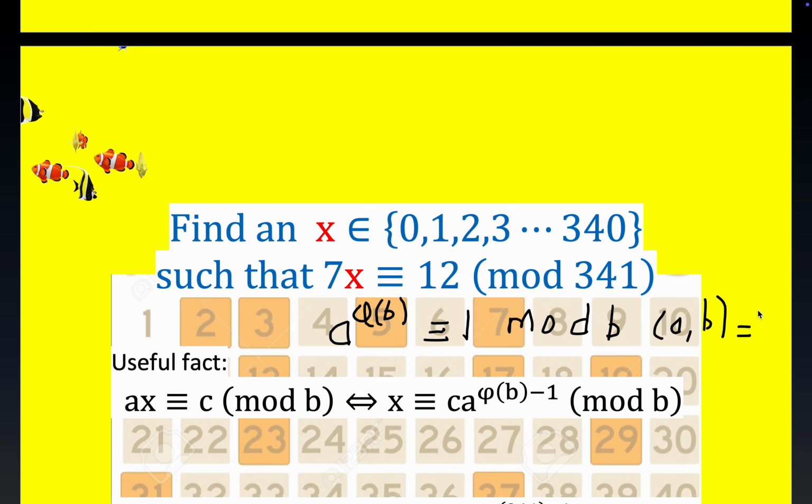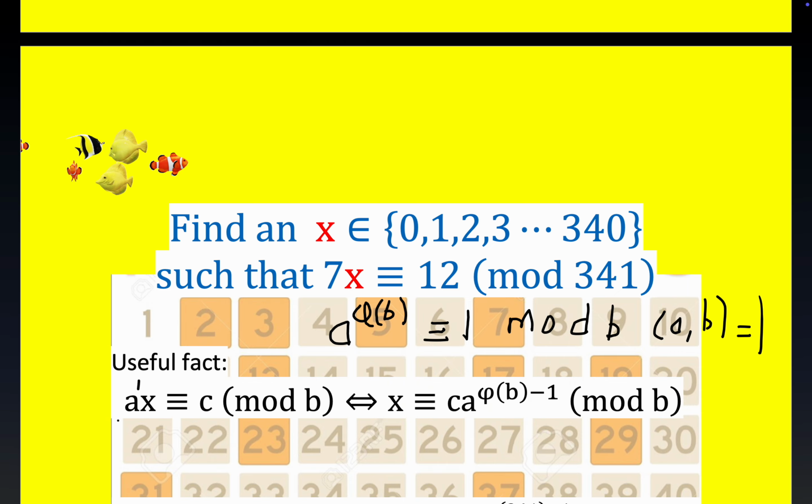Now, the fact that this is equal to 1 modulo b is why this is true right here. Notice that this is just a to the first power. So if you multiply through by this, you see how we get cancellation on this side. The x will go away if you multiply through by this object. This will give you a to the phi of b on this side, but that is just equal to 1.